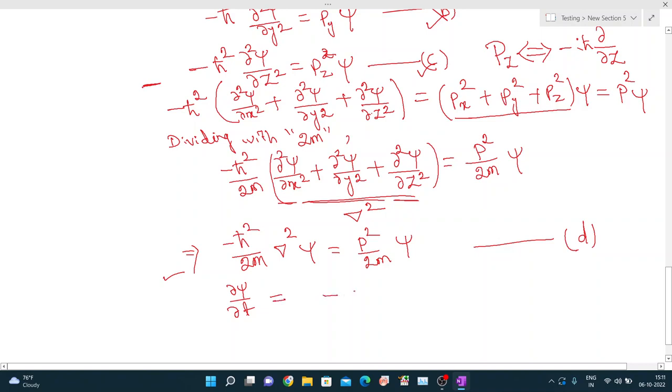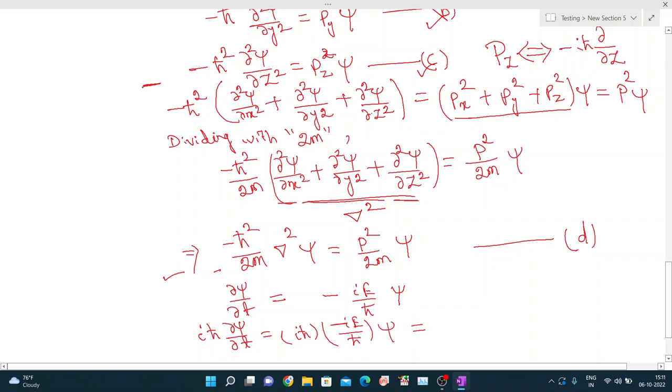minus i E by h cross into psi, then multiply i h cross. Multiplying i h cross, so i h cross del psi over del t is equal to i h cross into minus i E over h cross into psi.